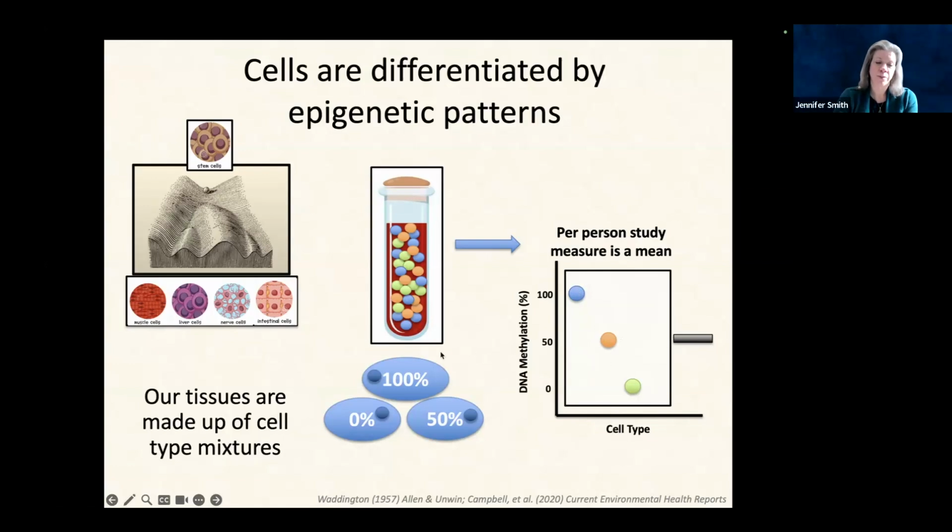And so we have to remember that we're getting a mean of what's going on within all these different cell types in the sample, right?